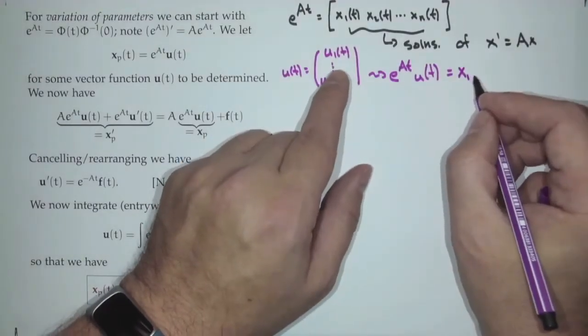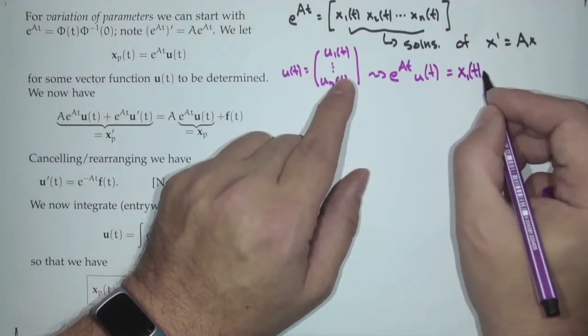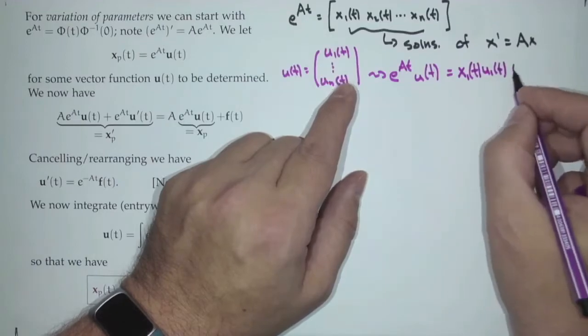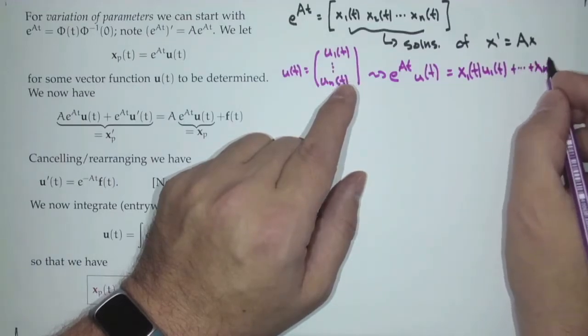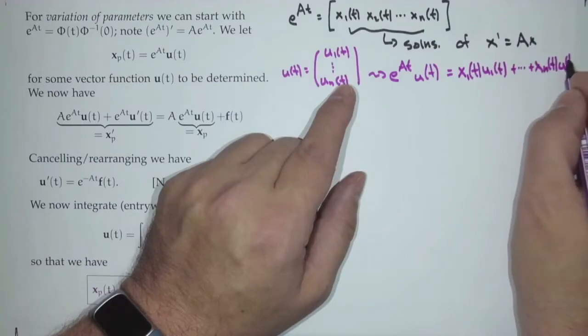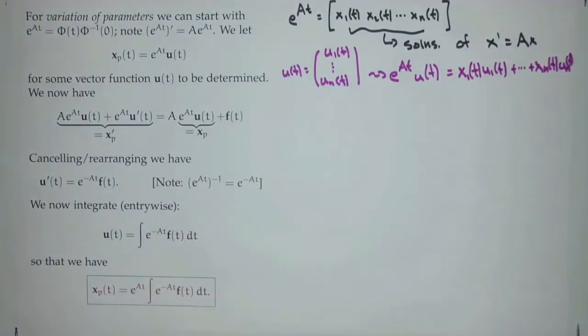So you have x1 of t times u1 of t plus dot dot dot plus xn of t un of t. Whoops, ran out of space on the side. But this is where we started when we talked about variation of parameters before. So it's the same setup as variation of parameters in our old normal differential equation setting.